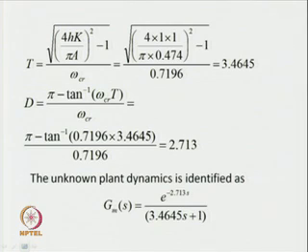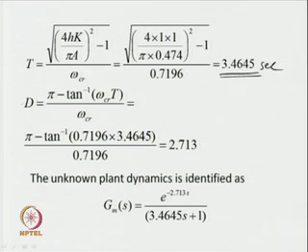T is calculated as T equal to root of (4 h k upon pi a) square minus 1, upon omega CR, which is equal to 3.4645 seconds. So, the time constant of the transfer function model is estimated as T equal to 3.4645 seconds.